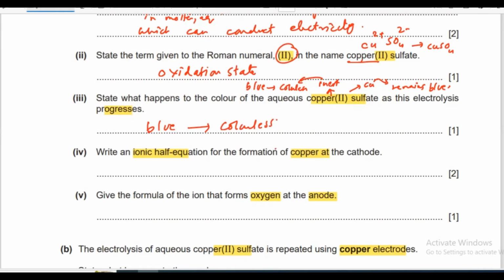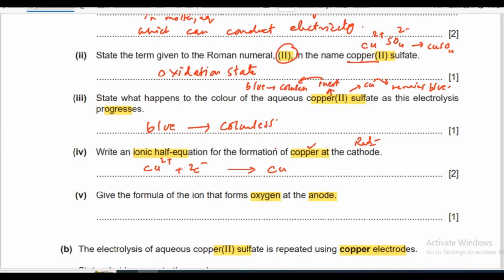Write an ionic equation for the formation of copper. Formation of copper means copper must be on the right hand side. Cu2+ ions are required, and at the cathode there is reduction. Reduction is the gain of electrons. So this is the ionic half equation for the formation of copper at the cathode.